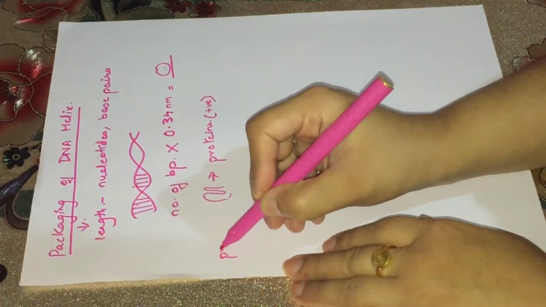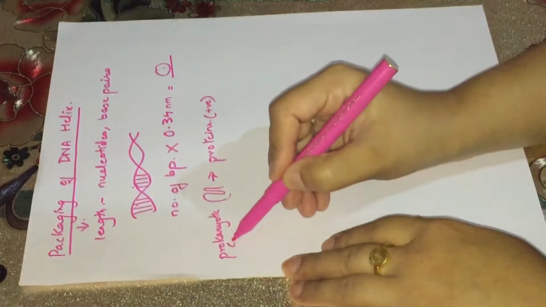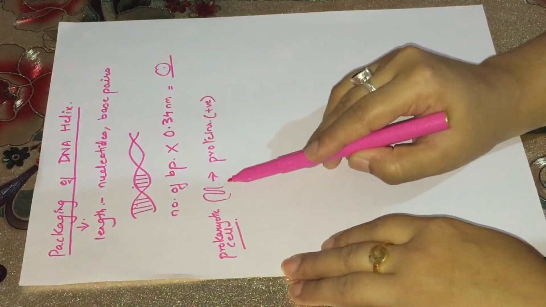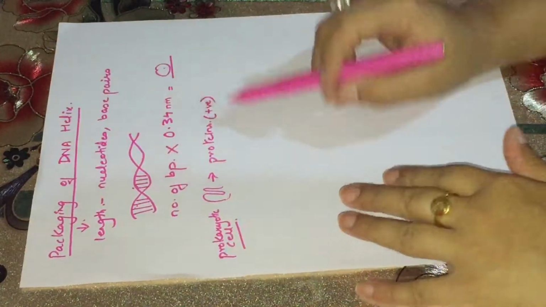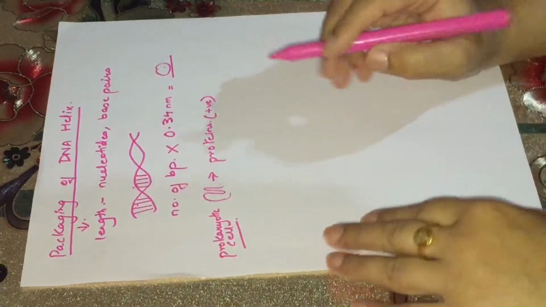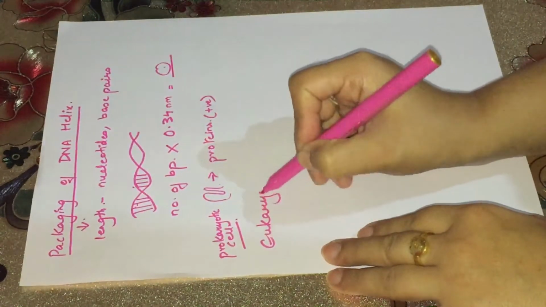In prokaryotic cells the DNA is held in a loop-like structure through positively charged proteins.